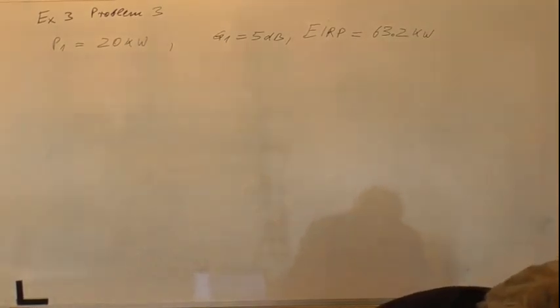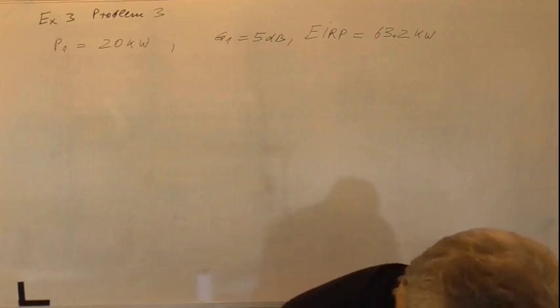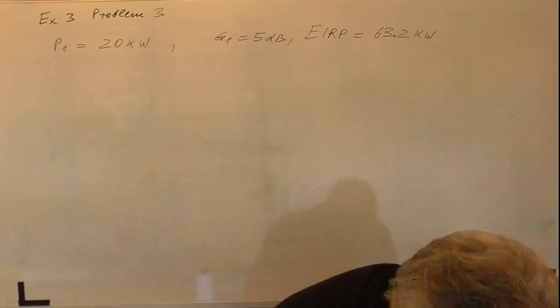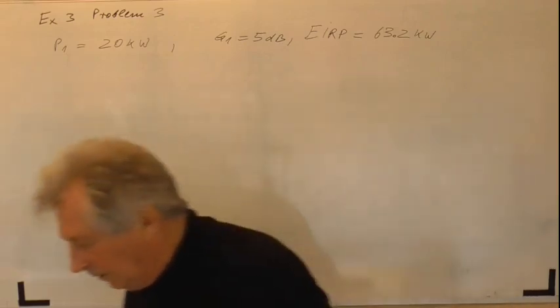So the next question is now: calculate the power density and the amplitude of the electric field at the distance of 10 kilometers in the direction of the main beam.